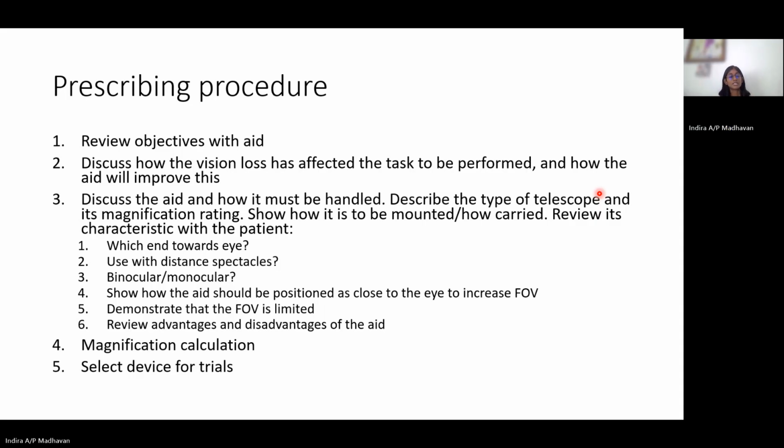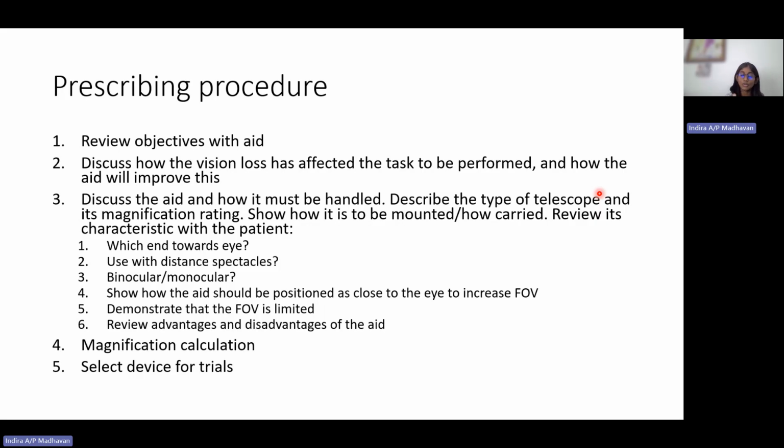Once the magnification is calculated, we select telescopes for trials. How we select them is based on the magnification calculation. If the calculated magnification is 3 times, you have to select 3 telescopes with 3 different magnifications.